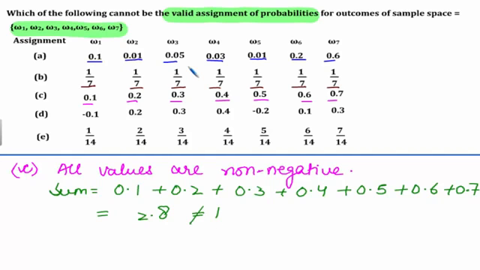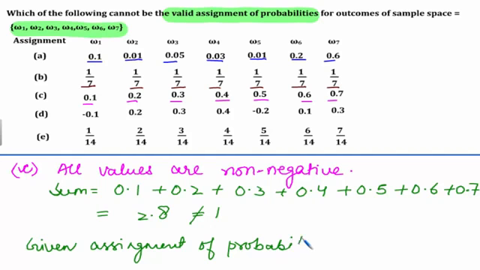Here the given assignment is not valid since the sum is not equal to 1. The given assignment of probabilities is not valid. This completes the C part.